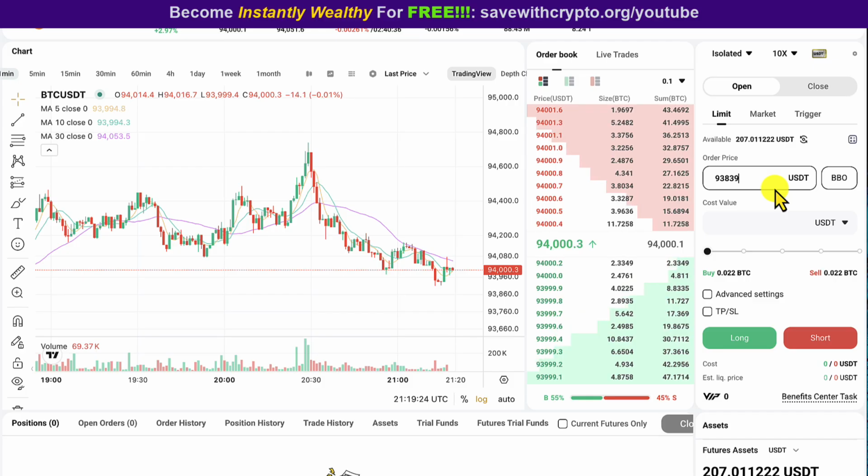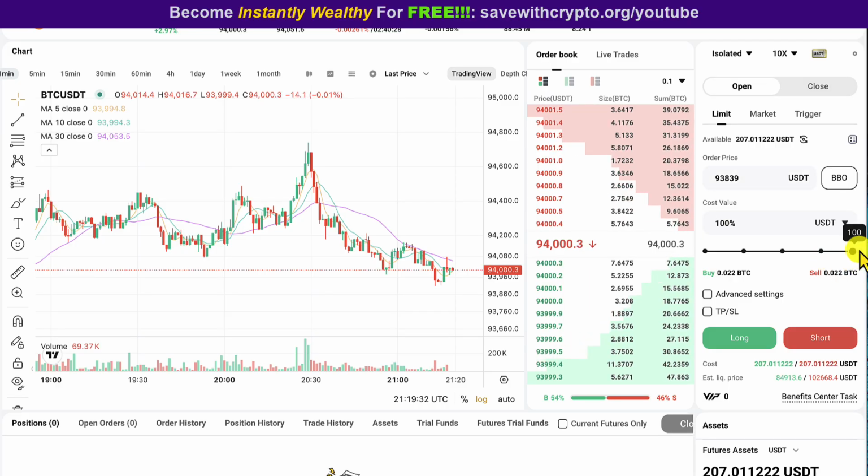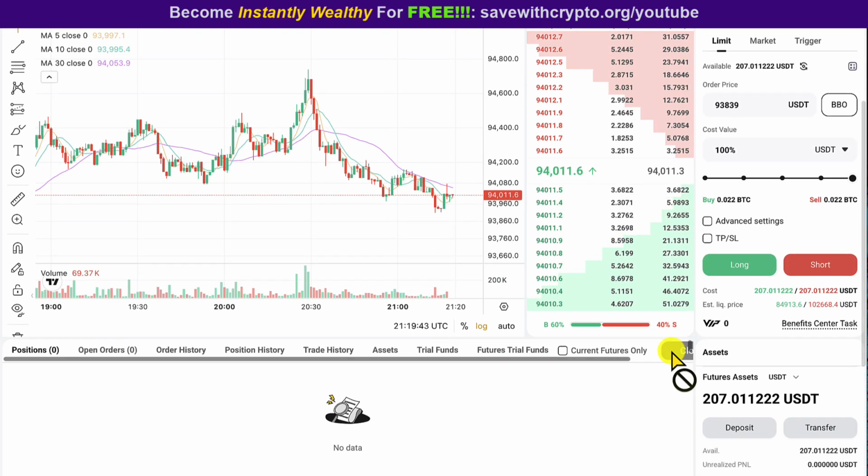Okay. Right. I'm quite confident about this, so I'm actually going to use all the margin for that. I have lowered the leverage though to 10x, so it's not quite as careless as it seems.